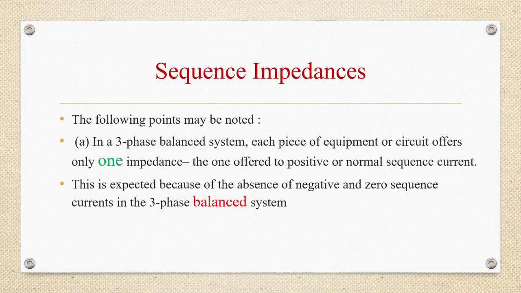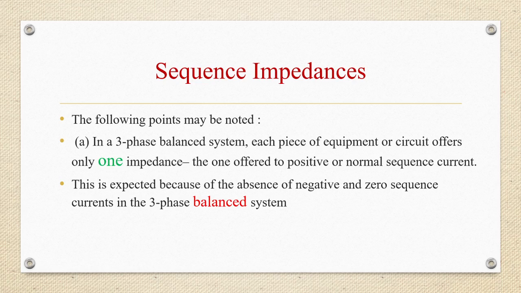A few points we have to note down here. First point is, in a three-phase balanced system, each piece of equipment or circuit will offer only one impedance. That is, it is offered to the positive or normal sequence current. And this is expected because of the absence of negative and zero sequence currents in a three-phase balanced system. So we are not calculating negative and zero sequence.